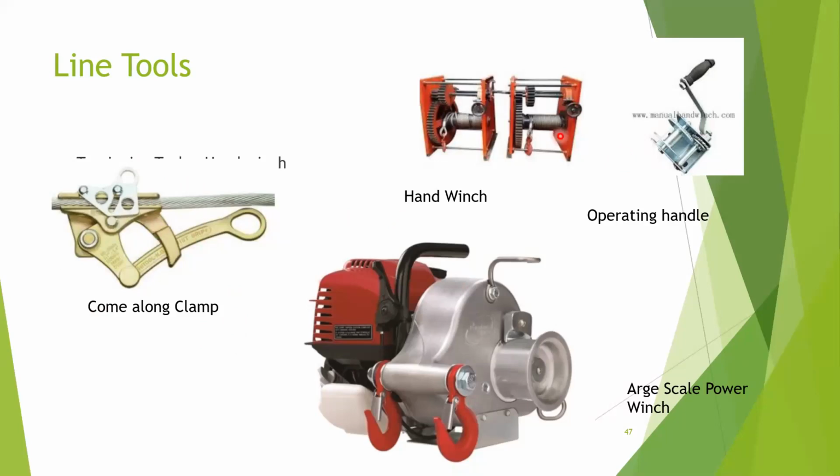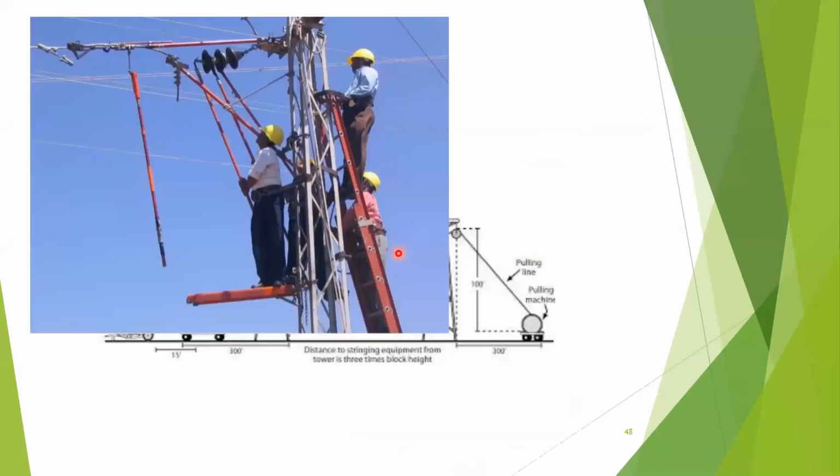So with a hand winch on cold operations, you can tension a conductor a little with come along clamp and necessary wires, so that the insulator slacks a little, and you can remove the insulator and insulator string and replace it. Now, this is a large scale power winch, and you know, very big winches are available for various other work.